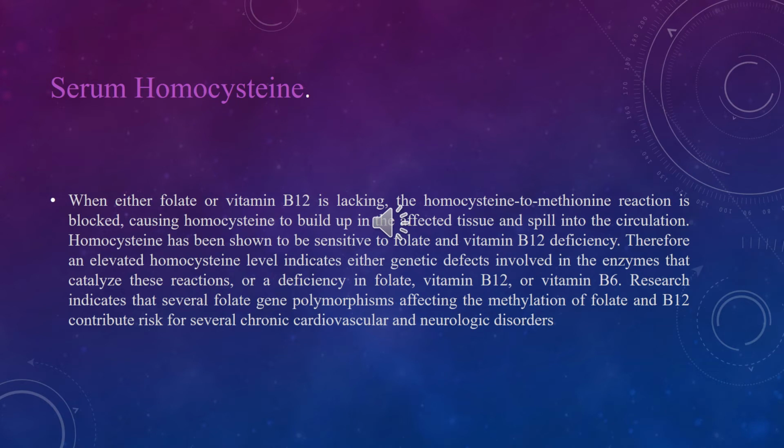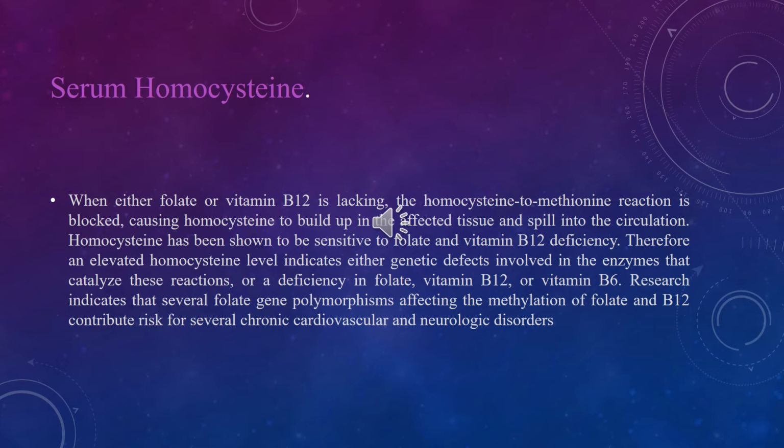The homocysteine test is used to measure the amount of homocysteine in blood. It is an amino acid that the body uses to make protein. B12, B6 and folic acid normally break down homocysteine, so in a healthy person very little homocysteine is left in the bloodstream.